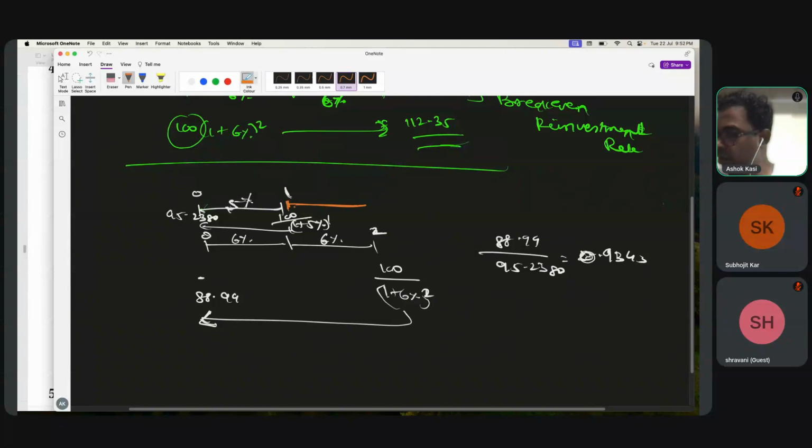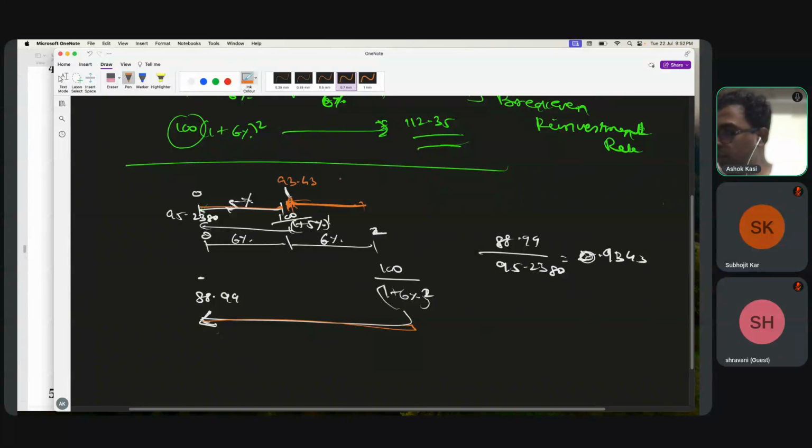See, what I have calculated is the 2 year price. I discounted it with the 1 year price, 95. What I will get is the next 1 year bond. So the next 1 year bond is 0.9343. That means 93.43.